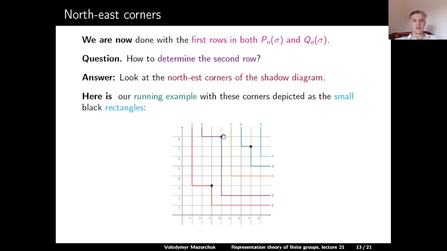This one records that when at the fourth step we inserted number 2, it bumped number 8, which was in the first row at the second position since step number 2. And similarly, this northeast corner records that inserting 5 at the 7th step, this 5 bumped the number 7, which was staying at 4th position from the previous step.